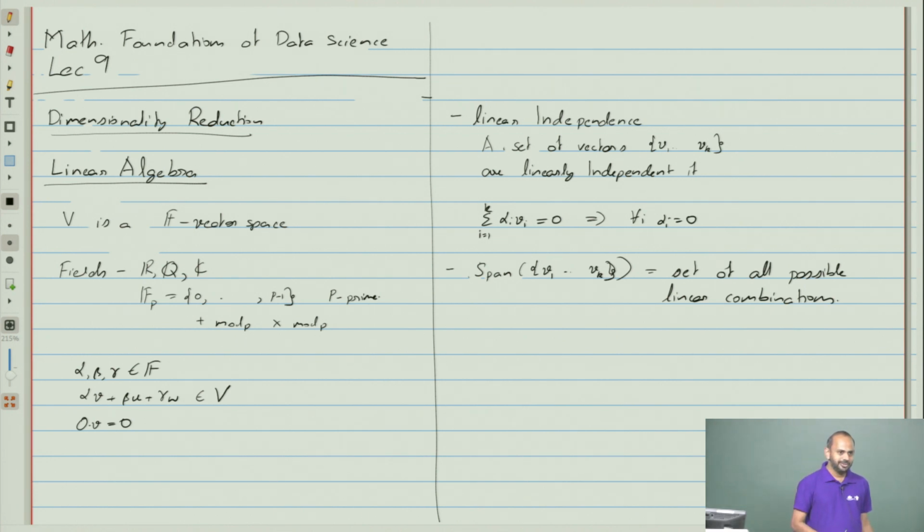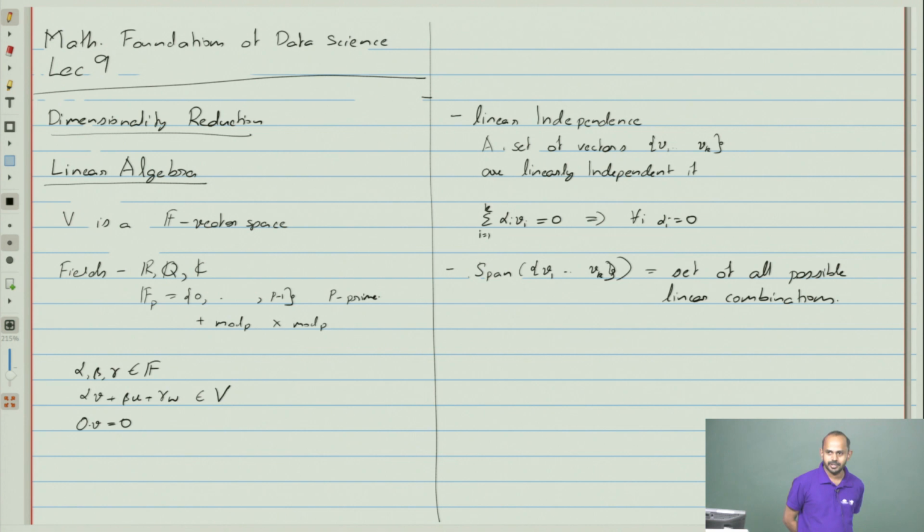You can take one vector and take its span. It is a vector space by itself. Why? It includes all the possible combinations. Let us say I take the vector 1 1.